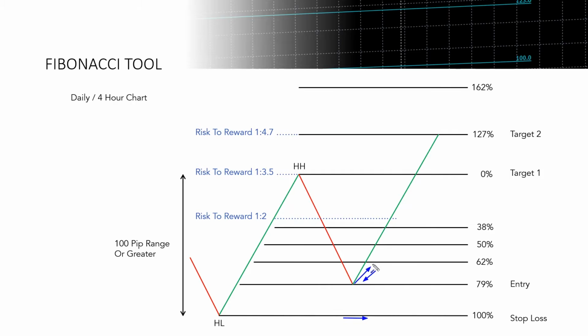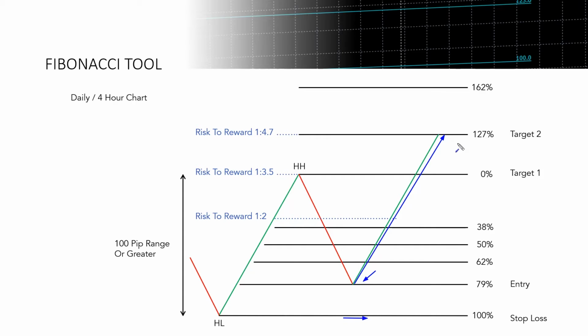So price is moving up. If we get to that level, you're now at a risk to reward target of 1 to 2. If price comes up and meets the last higher high, you're now meeting a risk to reward target of 1 to 3.5. And if price continues up to the 127 extension level, you're now achieving a risk to reward target of 1 to 4.7.